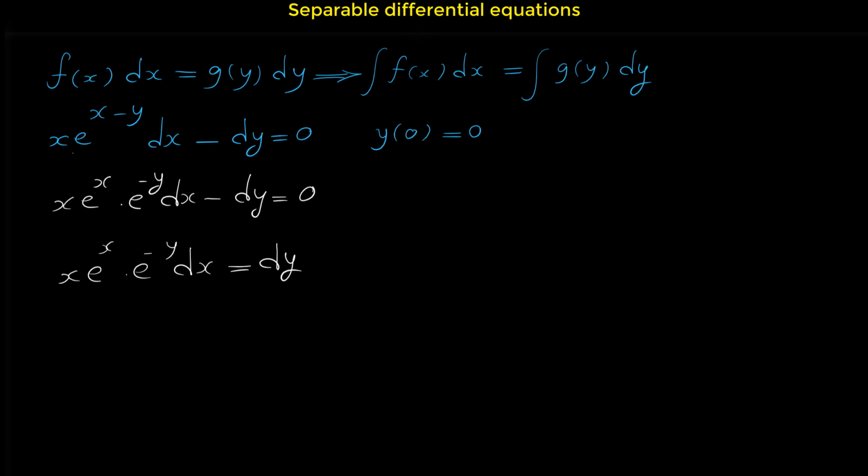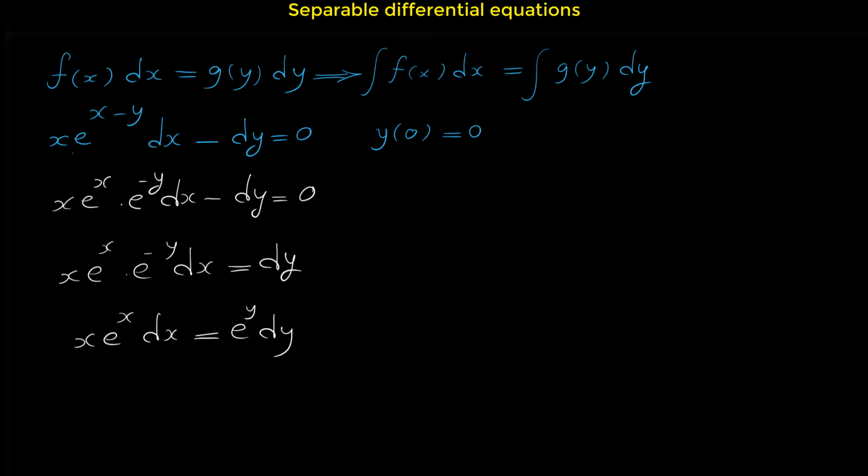If we divide both sides by e to the negative y, we get x times e to the x dx is equal to dy over e to the negative y. But note that we can bring e to the negative y to the numerator and make the power positive. So we can write dy over e to the negative y as e to the y dy.